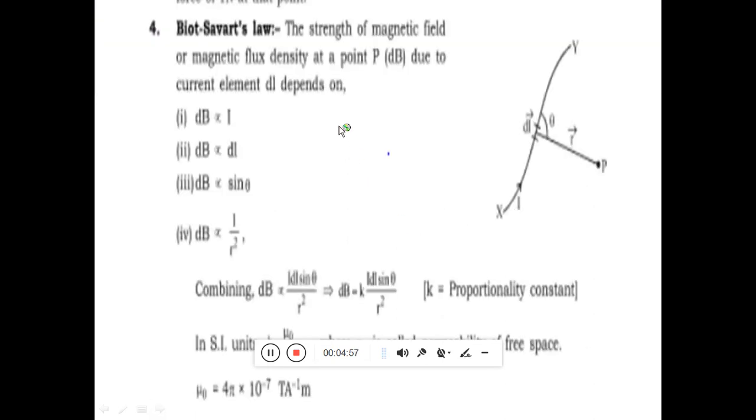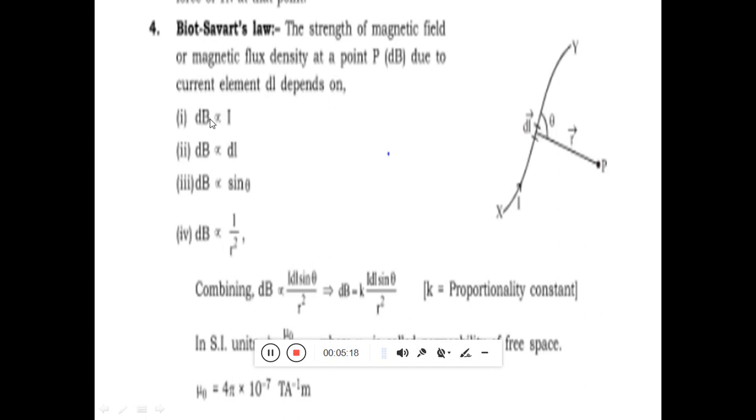Now Biot-Savart's law: the strength of magnetic field due to current element dl depends on the value of current. The first point was that magnetic field is directly proportional to the current flowing through the wire. dB means small magnetic field, because a small element would have a small magnetic field.